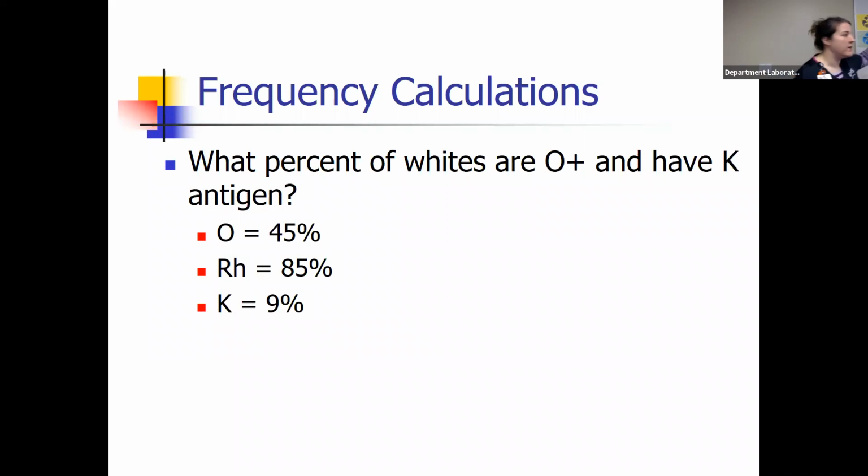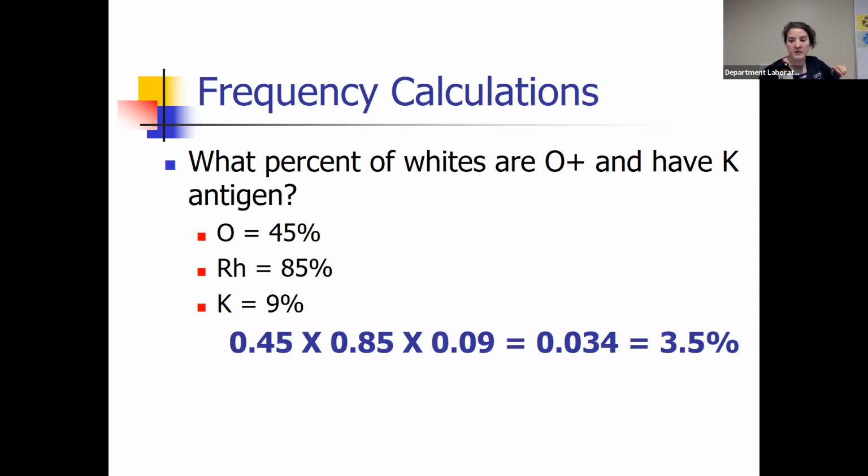Yeah, D positive, 85% are D positive, and then 91% of the population are KEL negative. So 9% of the population is KEL positive. So this is how you can consider in your ABO. Does that make sense? So about 3.5% of the white population, O positive, KEL positive.